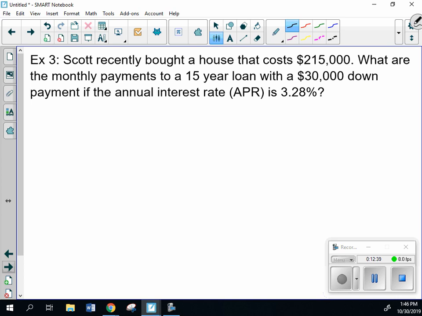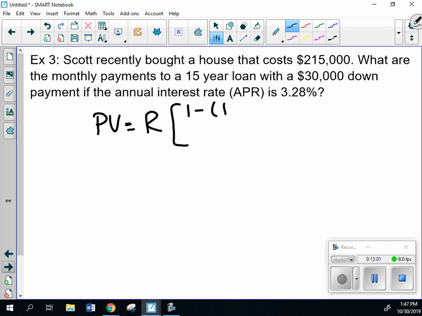So looking at our formula, this one's just set up a little bit differently because we already know what the present value is of the house because you bought it for so much and you're taking a down payment off.